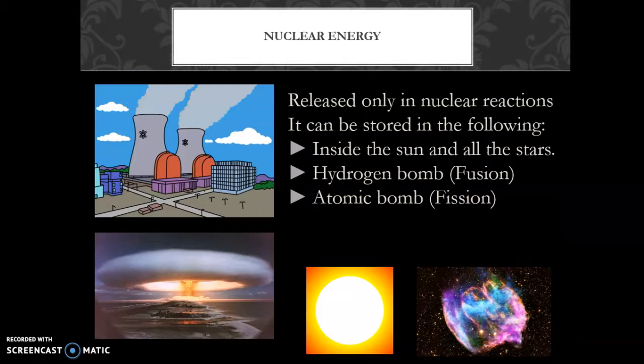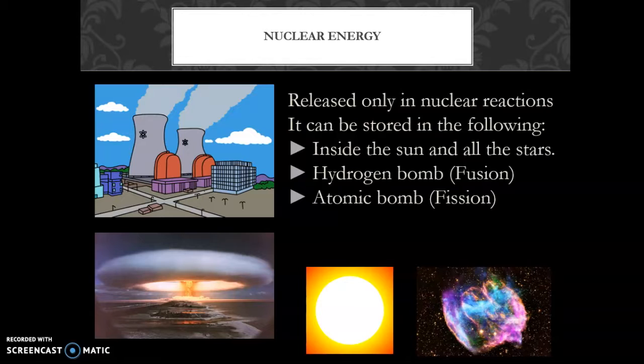Then our next one is nuclear energy. Now again, nuclear energy is one that students often get mixed up with. Now, nuclear energy is only stored in things that could have a nuclear reaction. That is not a chemical reaction.